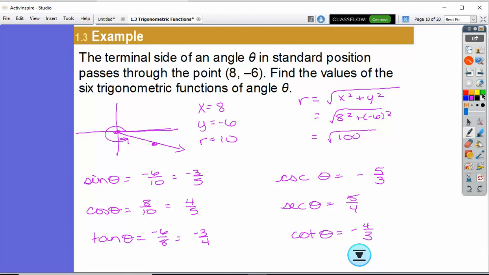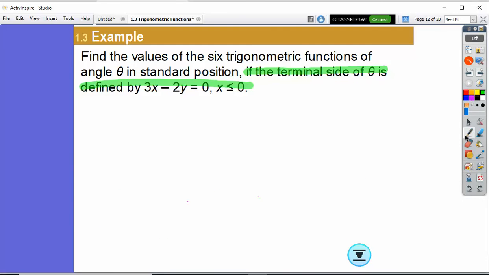So for instance, on this one that we just did, if I picked a point out here, or a point way back here, no matter which of those I pick, my final ratios will turn out to be the same. So I just need some point on this line. We're just going to start by picking an x value. I said x is less than or equal to 0. Do not do 0 because that 0, 0 is the origin.